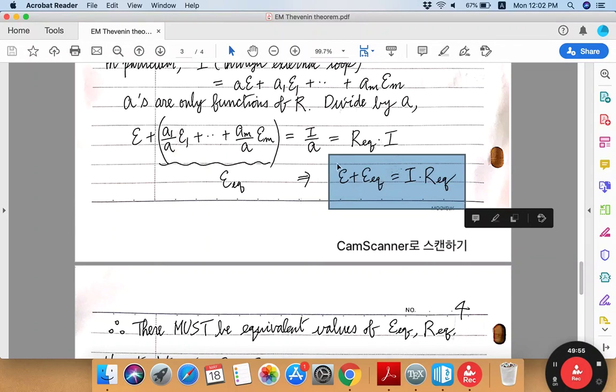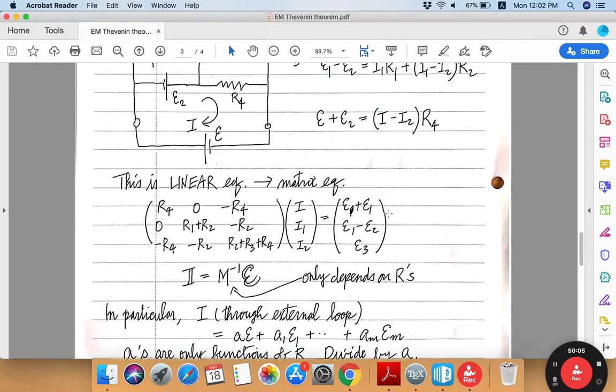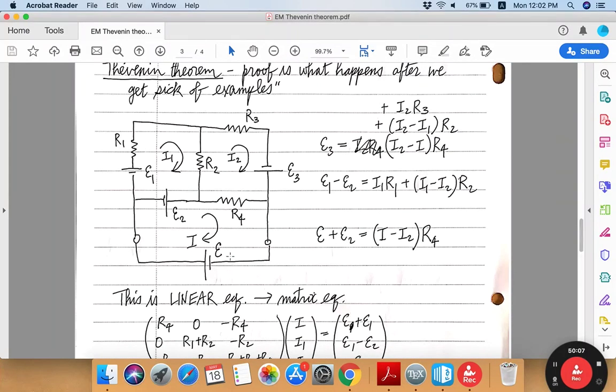Okay, and between my external EMF and my measured current, I discover that this relation exists. So it's not simply epsilon equal to I times R. There's something else in here, which means that even if I do not attach an independent power source over here, I can still measure some current flowing through my measuring device.